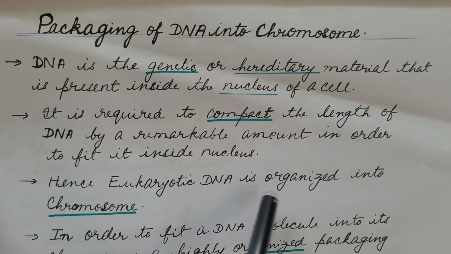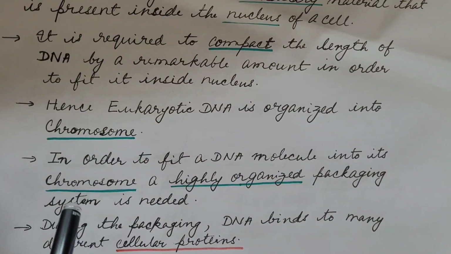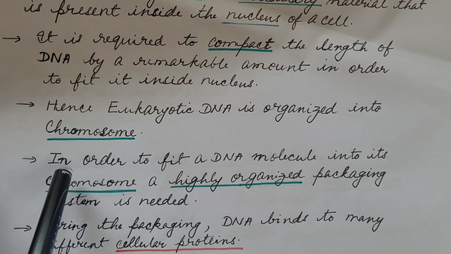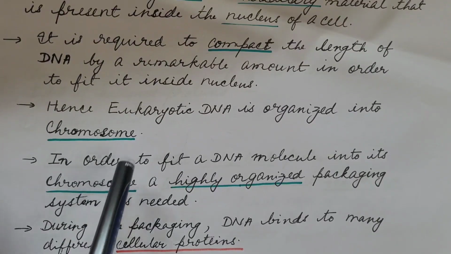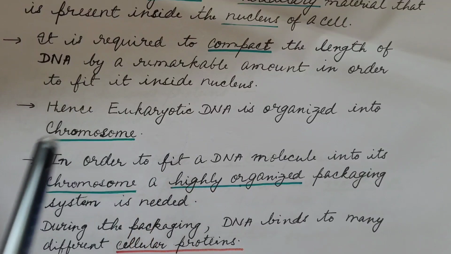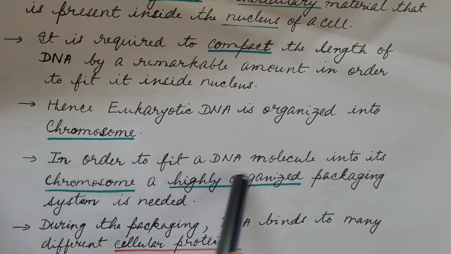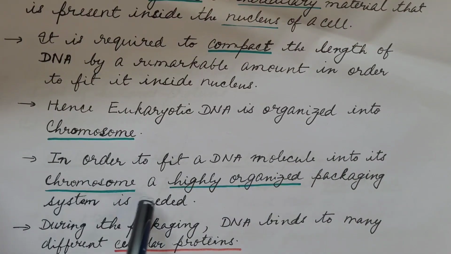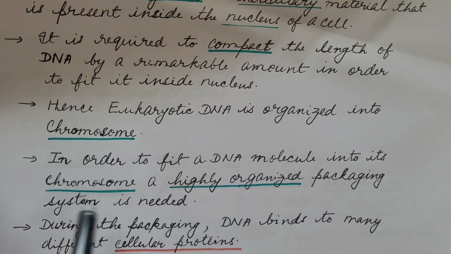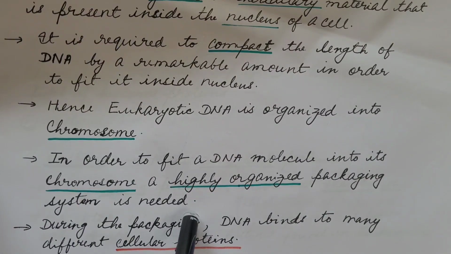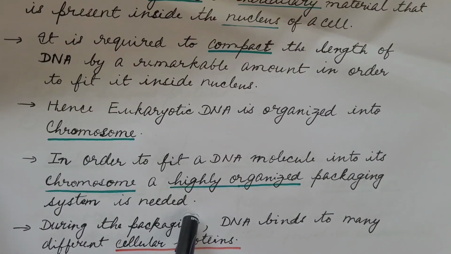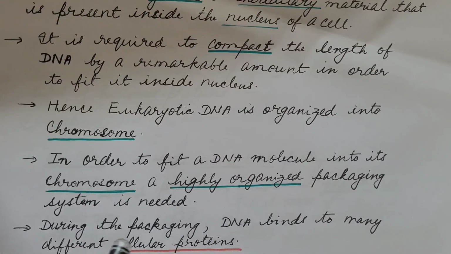Hence, eukaryotic DNA is organized into chromosomes, and DNA is present in the nucleus in the form of chromosomes. In order to fit a DNA molecule into its chromosome, a highly organized packaging system is needed. Here we are going to discuss this packaging of DNA into chromosome.